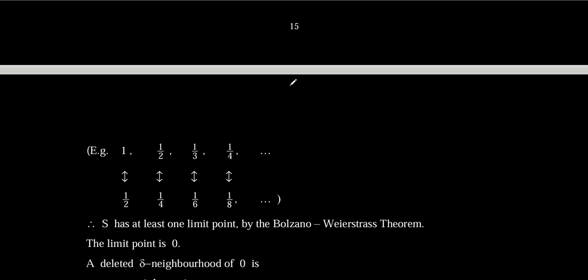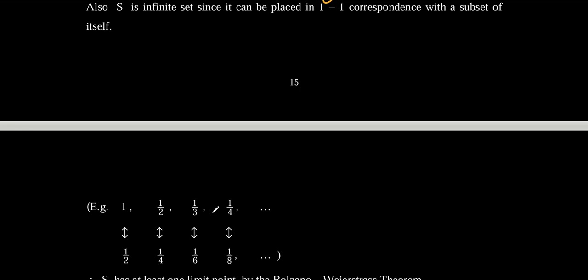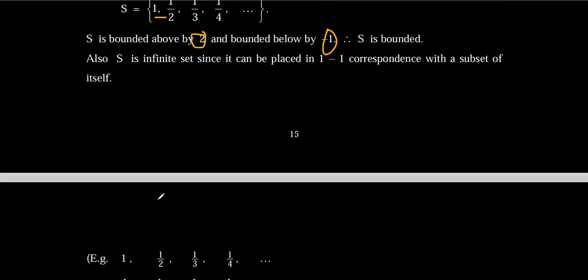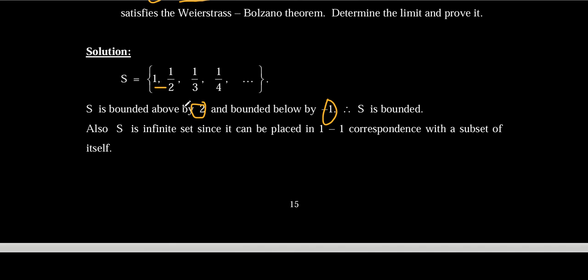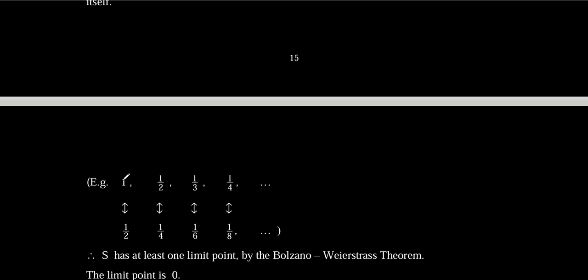For example, they showed that you can list the elements of the set above: 1 half, 1 over 3, going on. Then you can list a subset of it. A subset means instead of starting from 1, you start from 1 over 2, so 1 over 2, 1 over 4, 1 over 6, 1 over 8. You realize that the countability of the subset can still match up with the countability of the mother set.